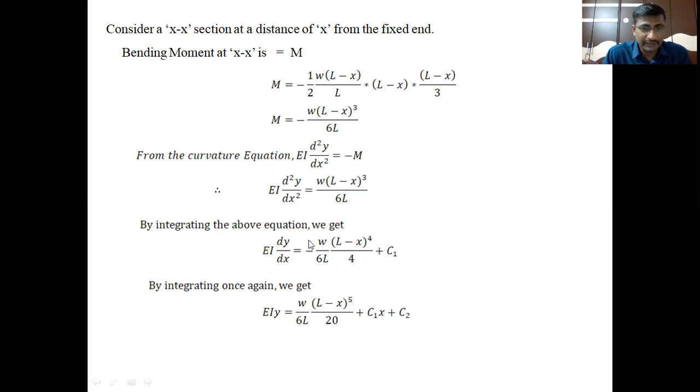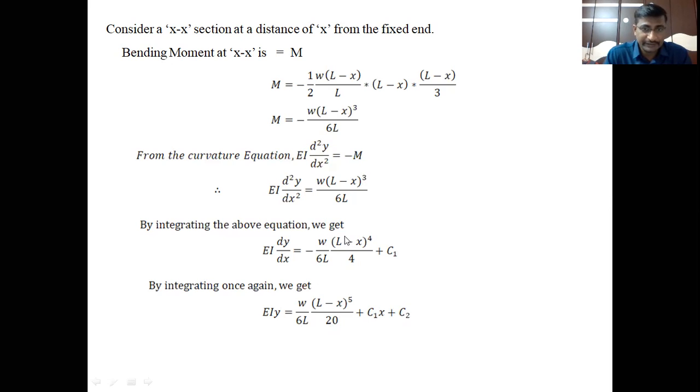Then we integrate this equation once again. On the left hand side we will get EI y is equal to W by 6L, (L minus x) whole power 4 is there. Integration of (L minus x) whole power 4 is (L minus x) whole power 5 by 5. Minus x is there, so if we put the minus in front of the expression, minus minus plus again. So W by 6L, (L minus x) whole power 5 by 5 into 4 is 20, plus C1 x plus C2.